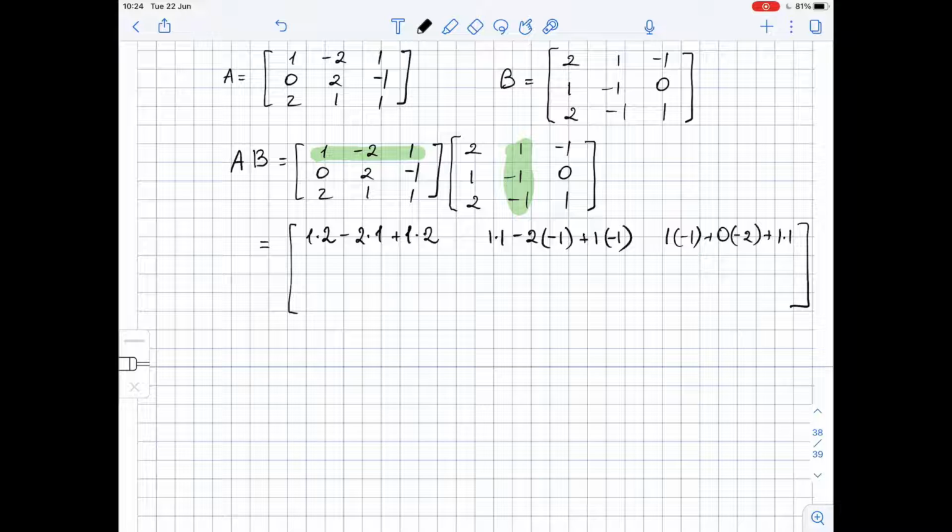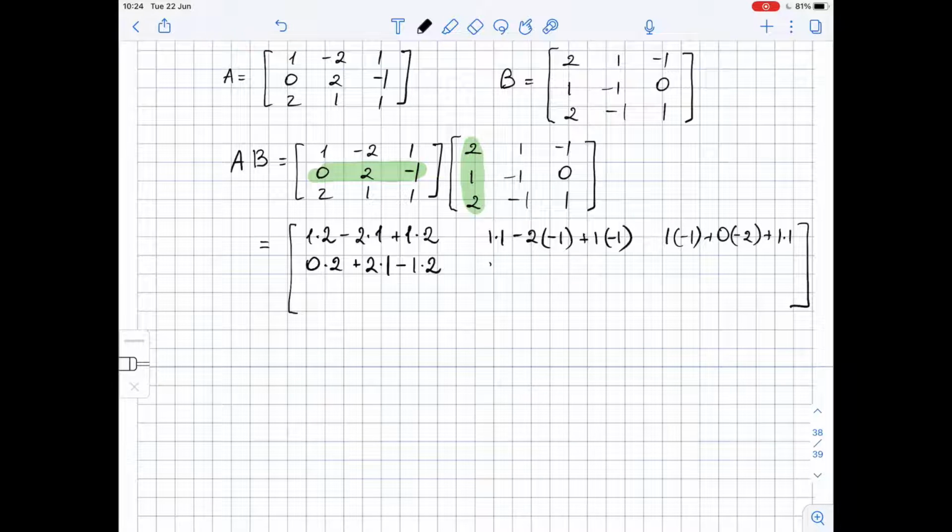Well, now we move on to the next row. To find the first entry of the second row, we need to find the dot product of the second row of matrix A and first column of matrix B. So it's 0 times 2 plus 2 times 1 minus 1 times 2. Now similarly, we need to find the dot product of the second row and second column.